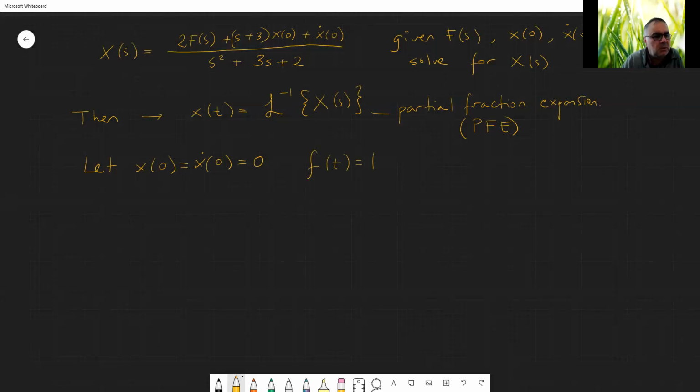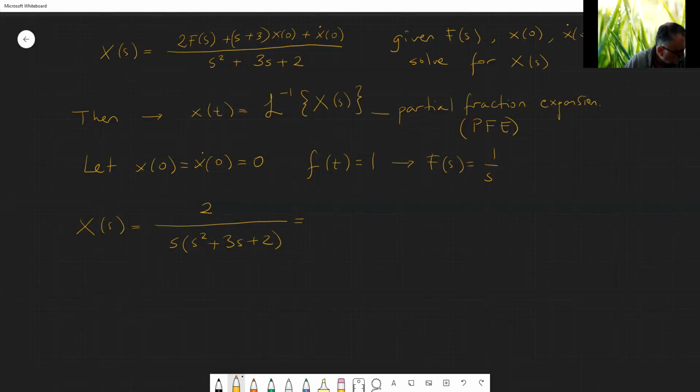is a step function, so that F of s is simply 1 over s, okay? So X of s becomes 2 over s times s squared plus 3s plus 2.